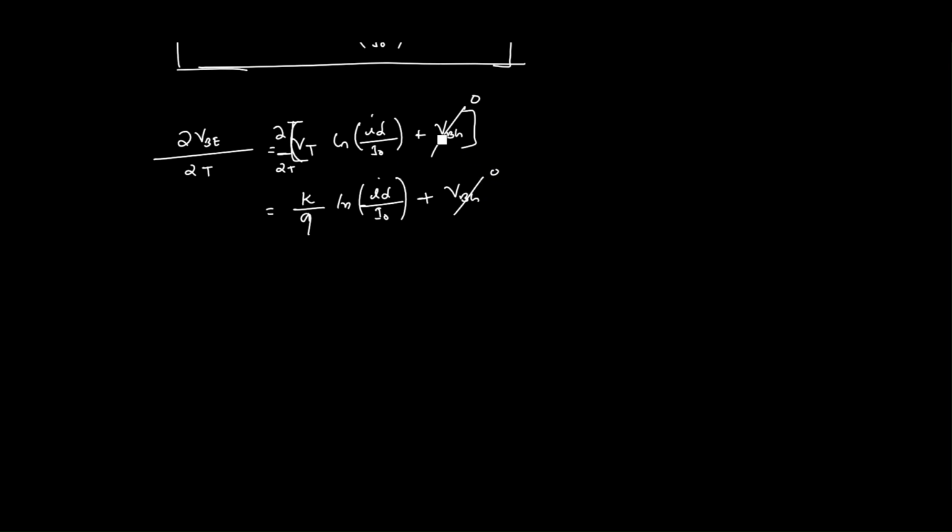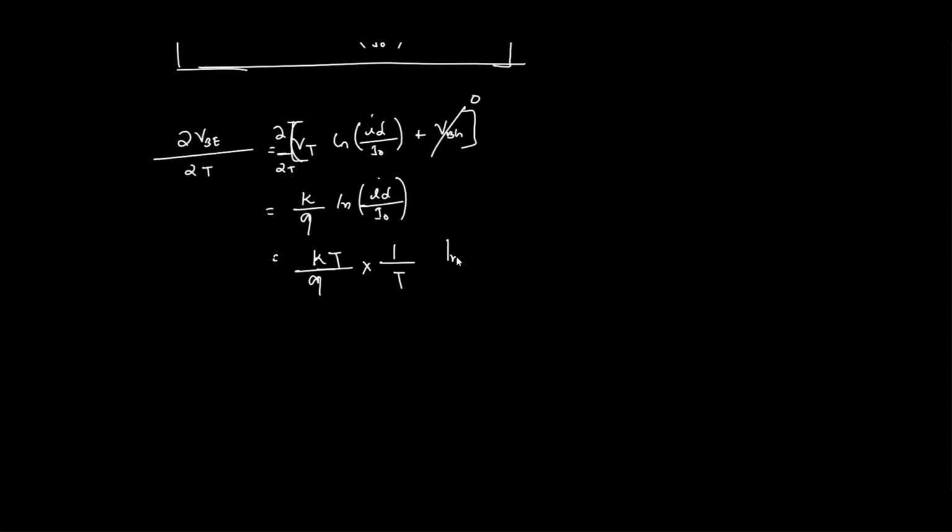So that means this will also be 0. Okay. So finally, if we replace this equation, k by q, let's add T in again here and put T in reciprocal.